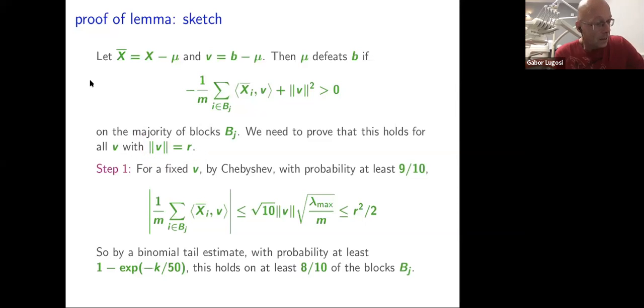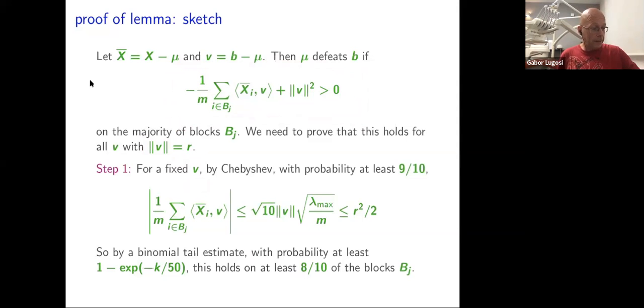So we need to prove that for every vector whose norm is r, so every vector on the ball of radius r, this inequality holds with high probability on the majority of the blocks. Now, this is again a median of means type of proof. First of all, let's look at a single vector v.